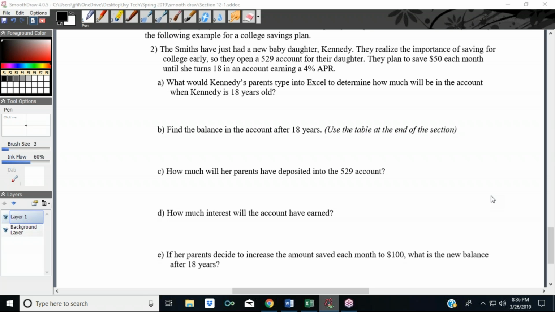And then we can look this up on the table for part B, and that is, let's see where that is. Is that in our table? 0.04 divided by 12, 12 times 18.